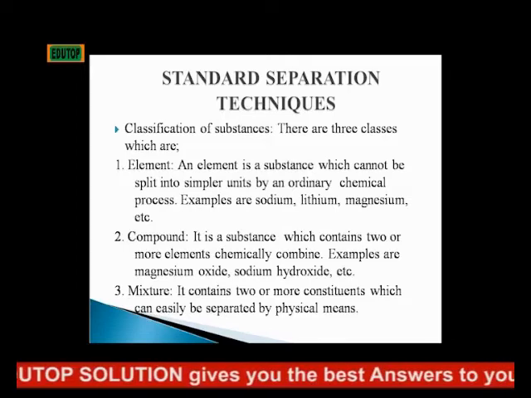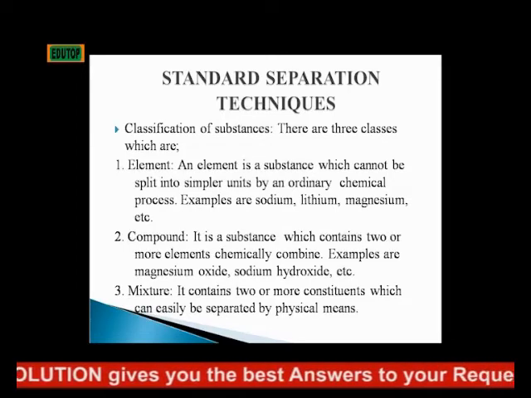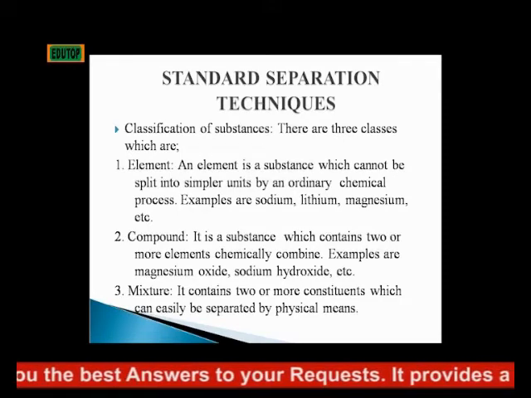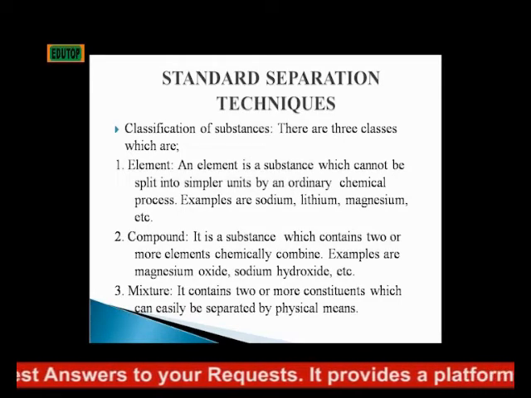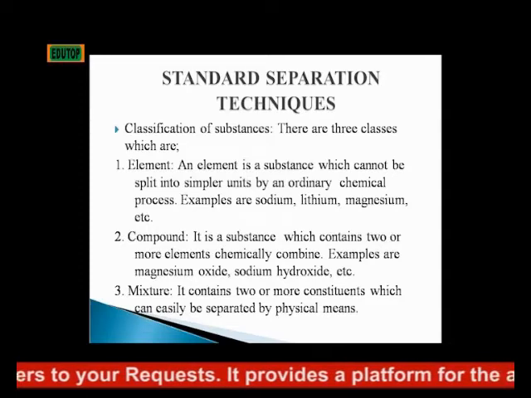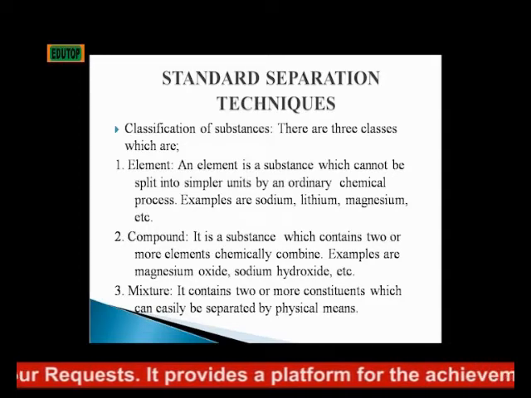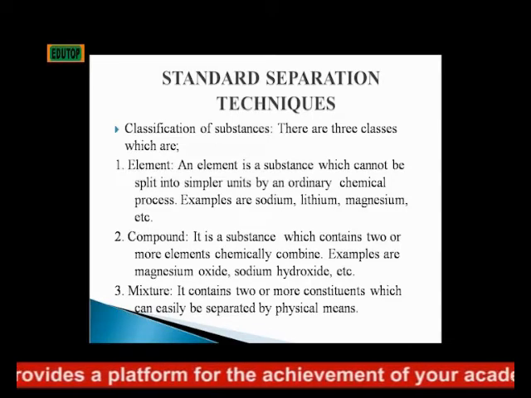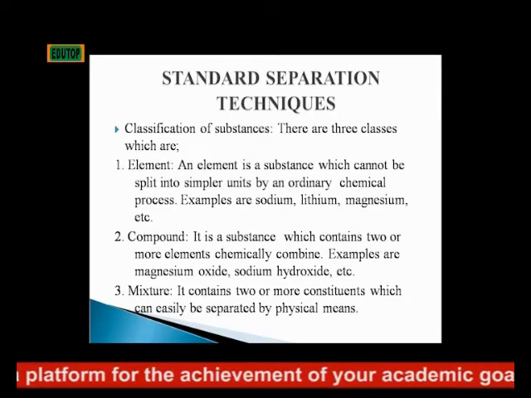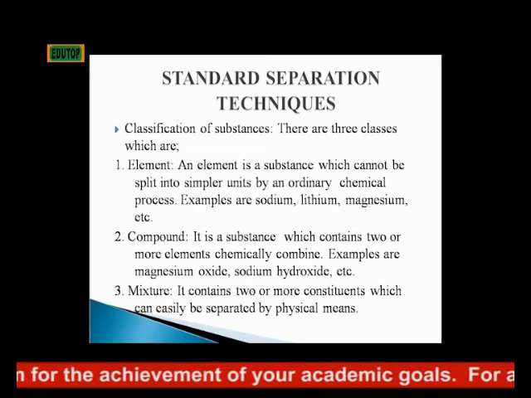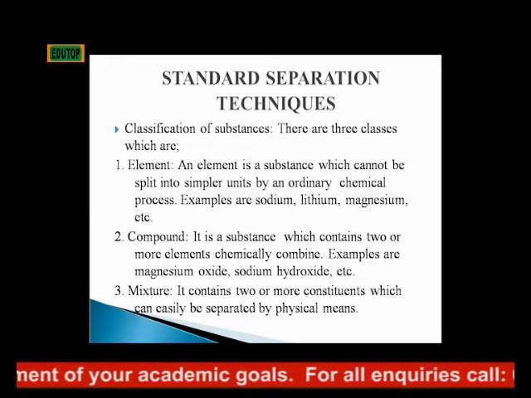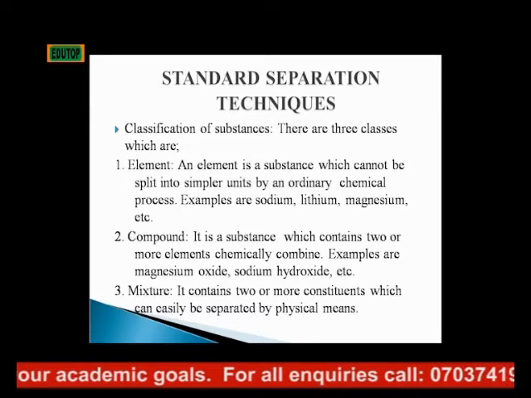What is an element? An element is a substance which cannot be split into simpler units by an ordinary chemical process. Examples of elements. We have sodium, we have lithium, we have magnesium, etc. Compound.